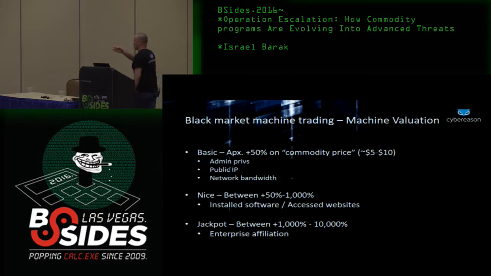Because from a typical click fraud machine across its lifetime, you would make somewhere between $5 and $20 per machine. But if you can sell it here for $1,000 or $1,500, some machines are sold for $3, $5, $7, then it's a major difference in your revenue stream.